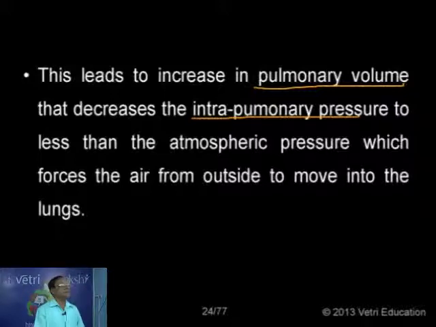As a result, the higher atmospheric pressure forces the air to rush into the lungs through the respiratory passage. That is the net result. So that is what is happening in the inspiration process: contraction of the two muscles, increase in volume, decrease of pressure, and rushing of air into the lungs. This is because of the pressure gradient.